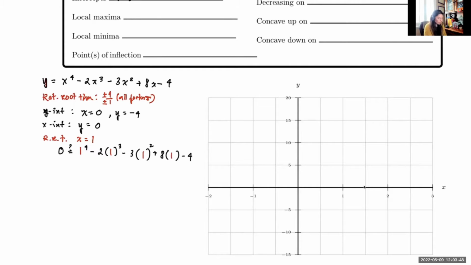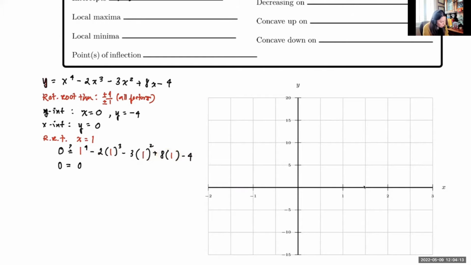If I did this in the calculator, I would see that this is true, that 0 does equal 0, right? We could also do it quickly in our head. 1 minus 2 is -1, -1 minus 3 is -4, and -4 plus 8 is +4, and 4 minus 4 is 0.